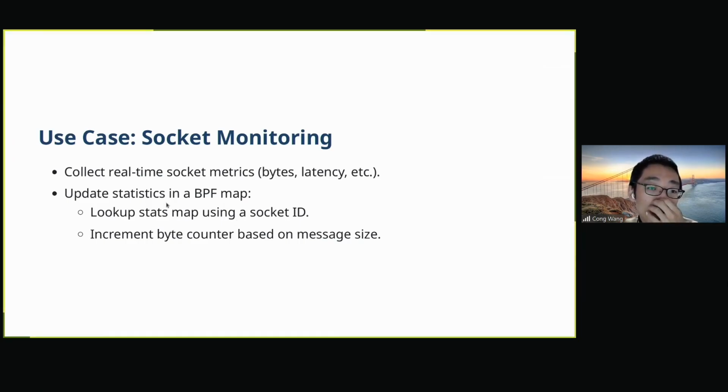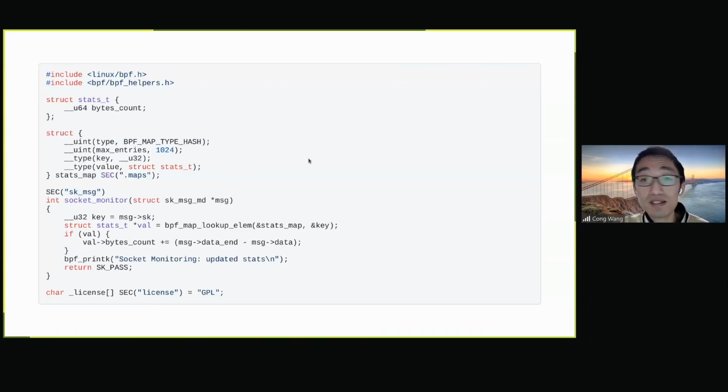We store the stats within the socket map, look up the stat map using a socket ID, and increase the counter every time we transmit some message. So this example is also very simple.